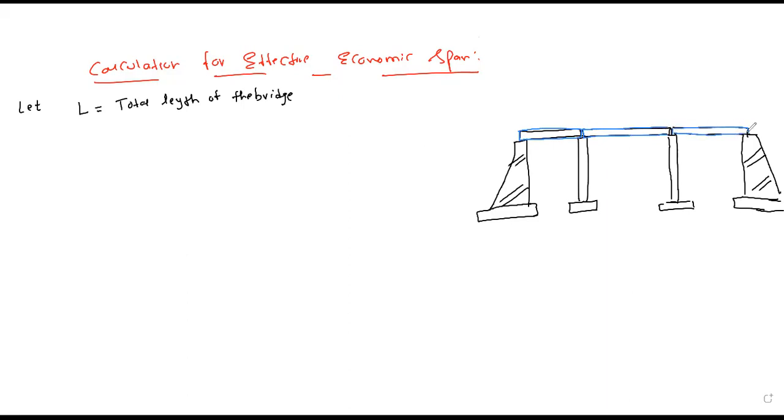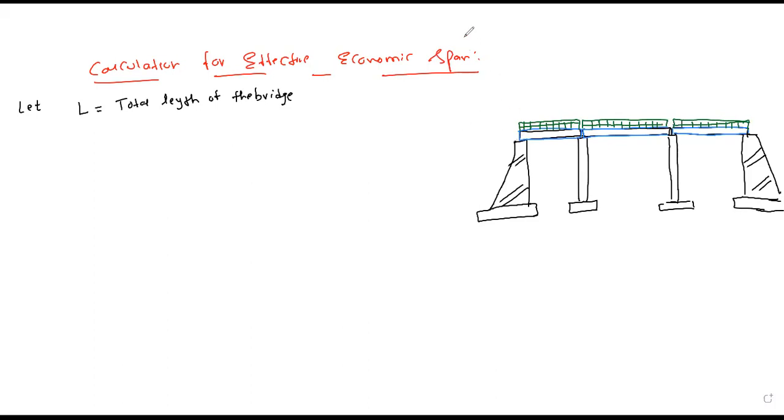This is called the slab. Over the slab, what will be there? You will have a parapet wall, isn't it? Let me draw with another color. This is the parapet wall or crash barrier. And there will be an approach slab.